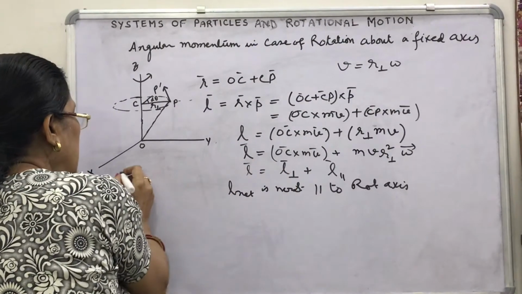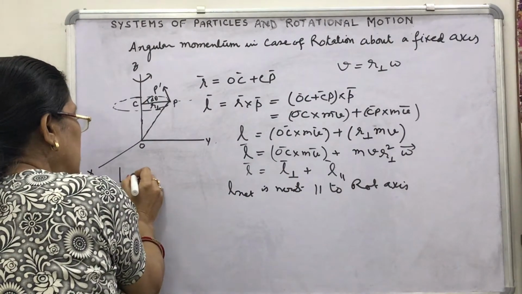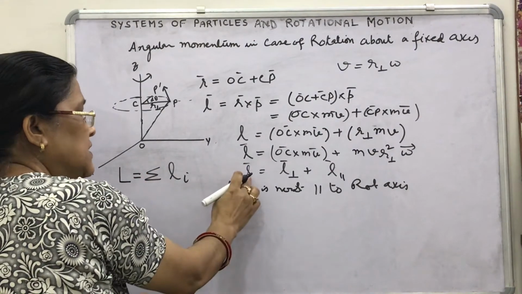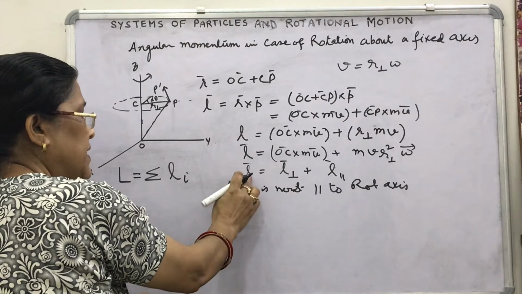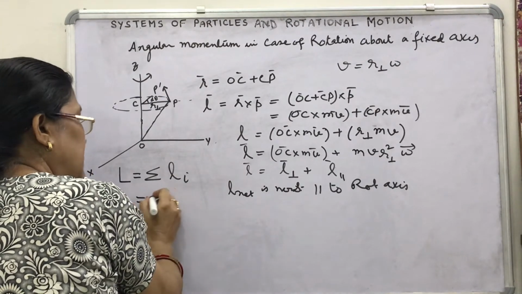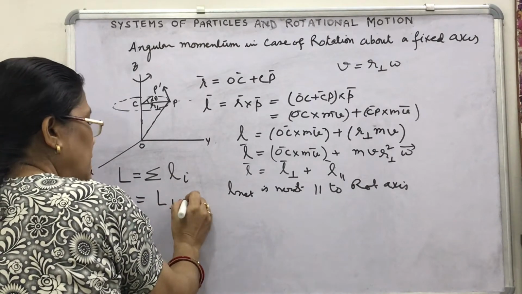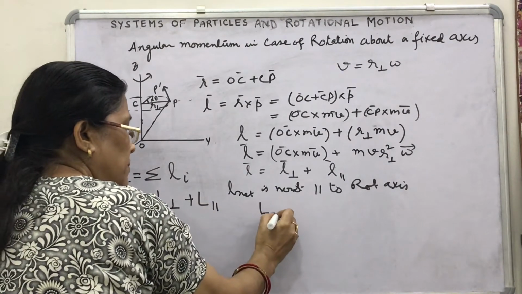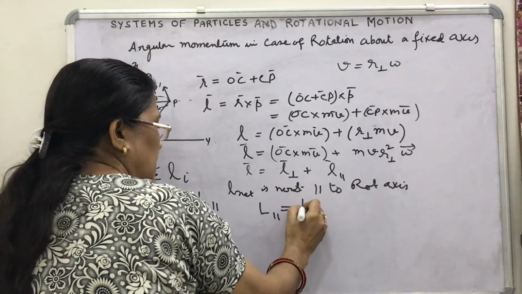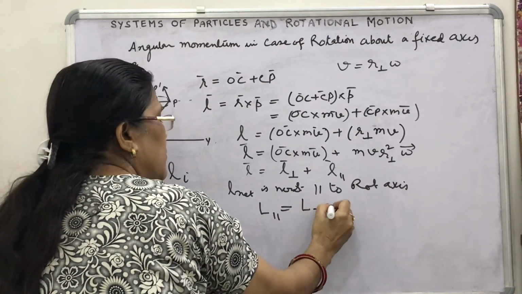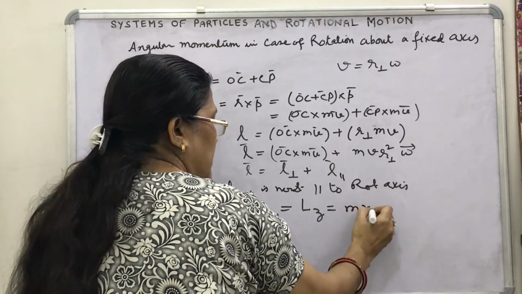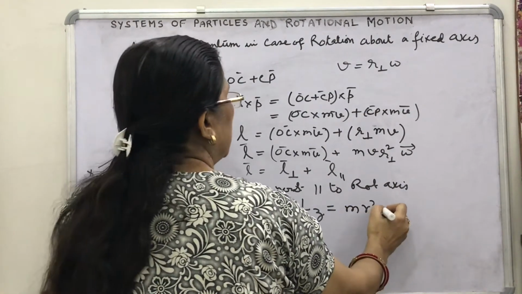If we find the net angular momentum, it will be the summation of all the angular momentums, small l for one particle. And you can write here this L perpendicular plus L parallel. What about L parallel? We can write it as LZ, and what is L parallel? Look here, this is M R perpendicular omega square.